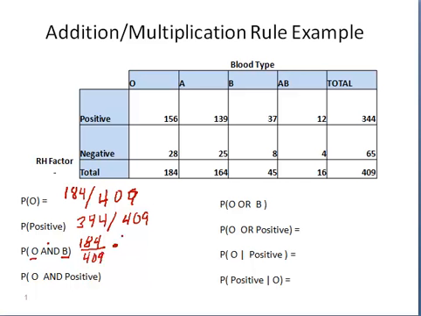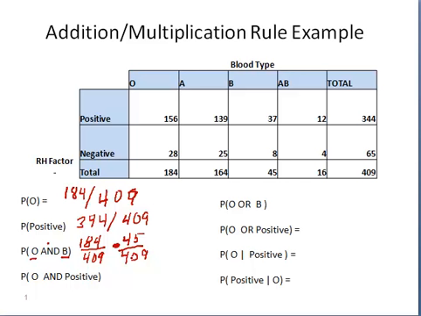And then getting a probability of a B person, since these are independent samples, independent groups, you can't be O and B at the same time, we have 45 out of 409. And we're going to multiply these two fractions. And that's going to give me the probability of getting an O person and a B person.